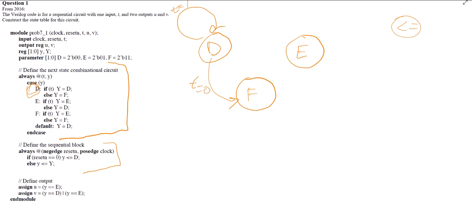Okay, so we've taken care of D. Now, if we are at state E, then if T equals 1, then Y equals E, so we go back to where we started.